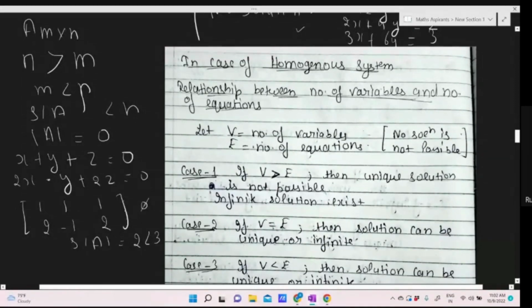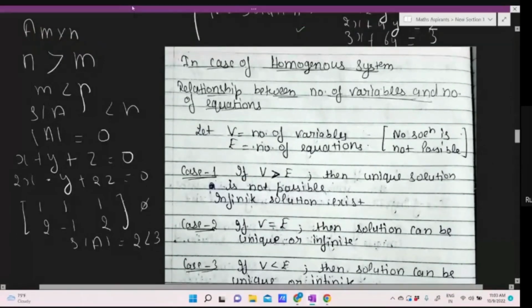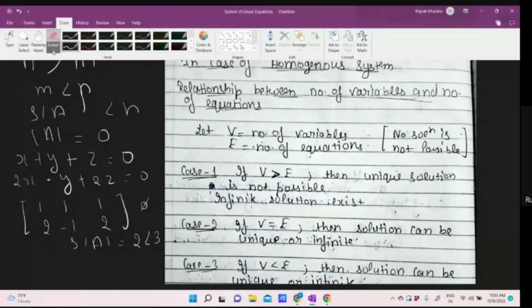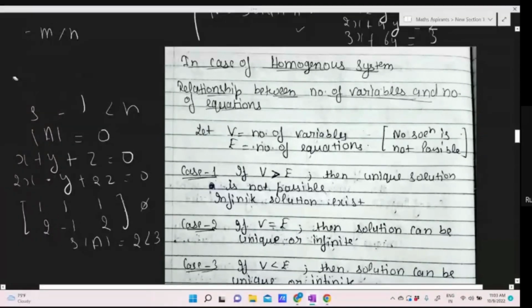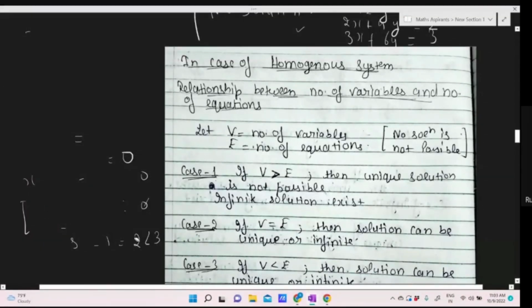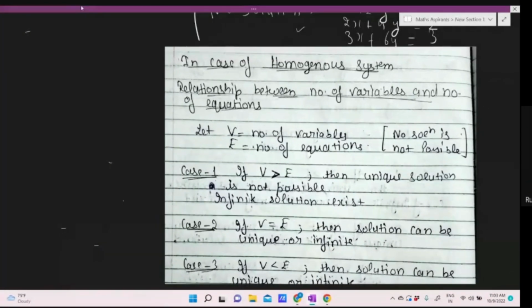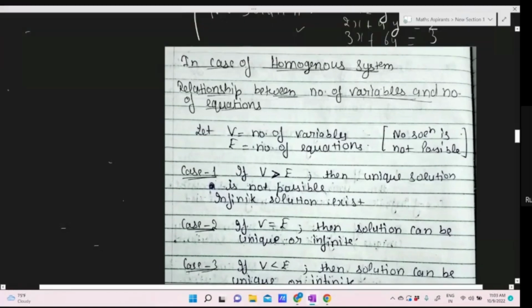The next case is when the number of variables is equal to the number of equations. Here the solution can be unique or infinite. For the infinite case, we will take a system x plus 2y equals 0 and 2x plus 4y equals 0.